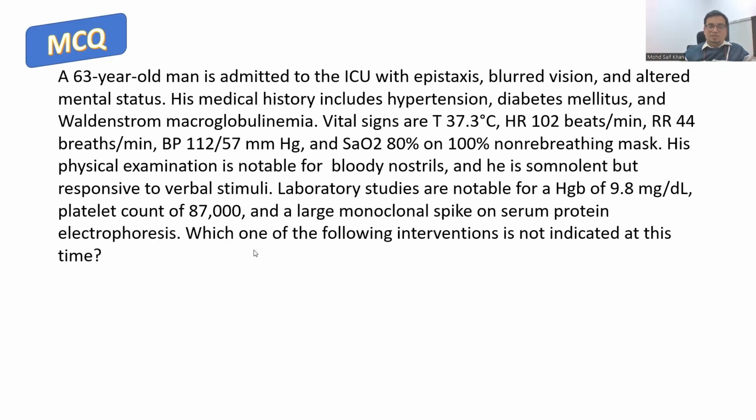His physical examination is notable for bloody nostrils, that is epistaxis, and he is somnolent but responsive to verbal stimuli. Laboratory studies are notable for hemoglobin of 9.8 gram per deciliter, platelet count of 87,000, and a large monoclonal spike on serum protein electrophoresis.